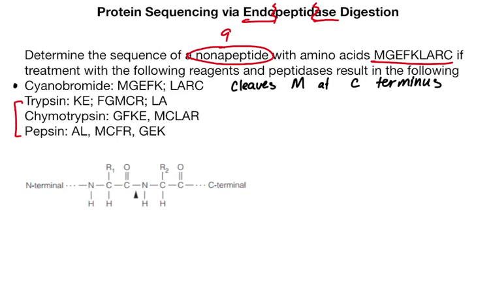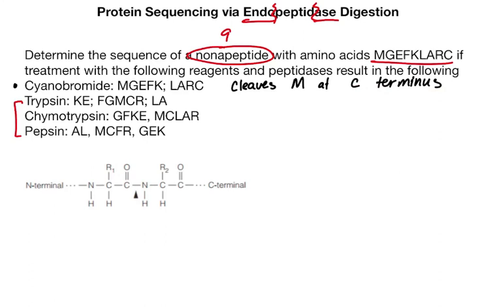If you have methionine over here, you're going to cut it at this point. This is called a scissile bond. So if you have methionine, it's going to cut off at the right side. This right side is the C terminus, so it cleaves off over here.